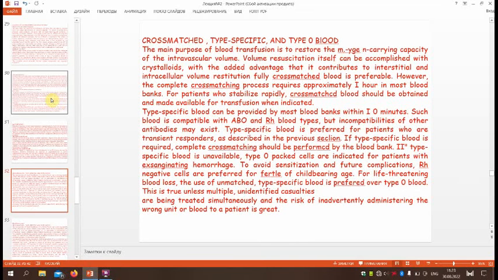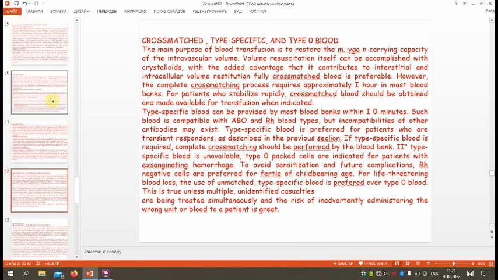If type-specific blood is unavailable, type O packed cells are indicated for patients with exsanguinating hemorrhage. To avoid sensitization and future complications, Rh-negative cells are preferred for females of childbearing age. For life-threatening blood loss, the use of unmatched type-specific blood is preferred over type O blood.